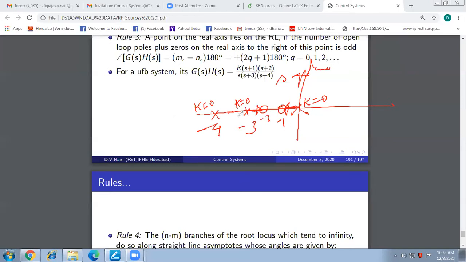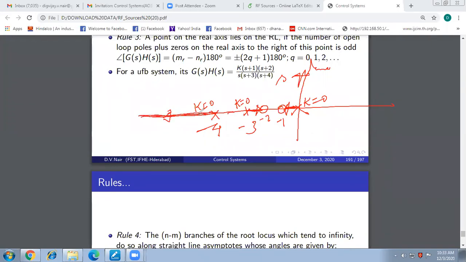Again, no point between -3 and -4 on the real axis will be part of the root locus, because the number of open loop poles and zeros to the right is even, right? 1, 2, 3, 4. Whereas all the points beyond -4 on the real axis will lie on the root locus. So you darken this part.